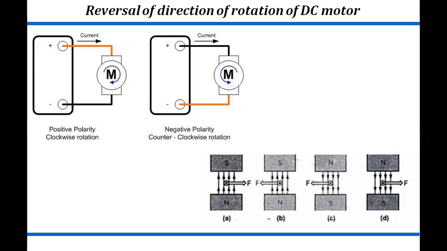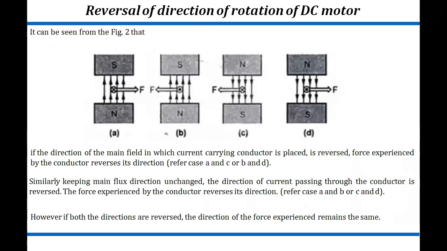So here we can reverse the direction of a DC motor by changing the polarity of the supplied voltage. Same diagram I have shown here. What we are saying is that the direction of the magnetic field in which the current carrying conductor is placed matters, because here we are using the armature.